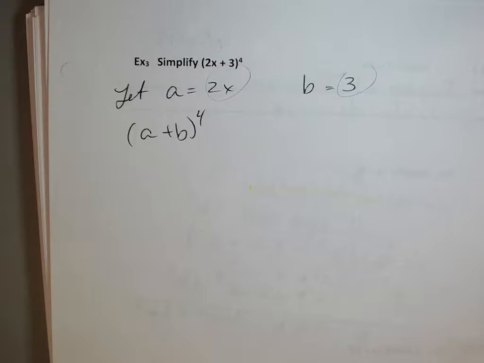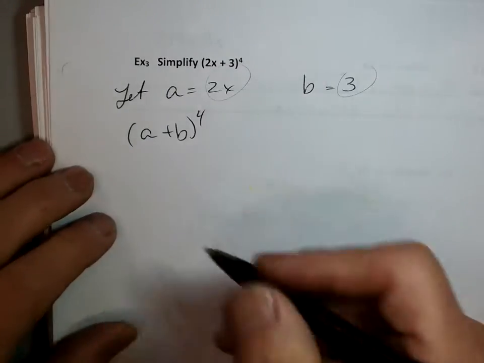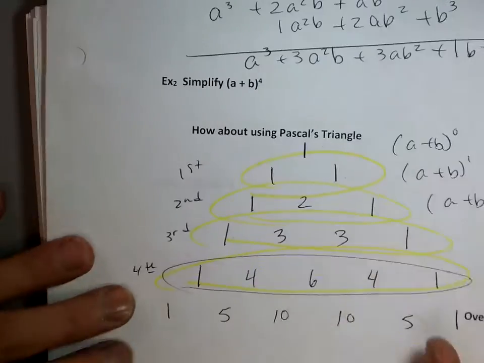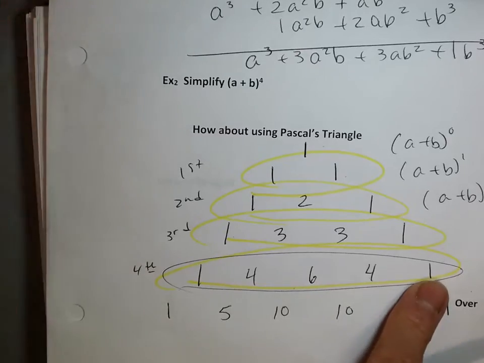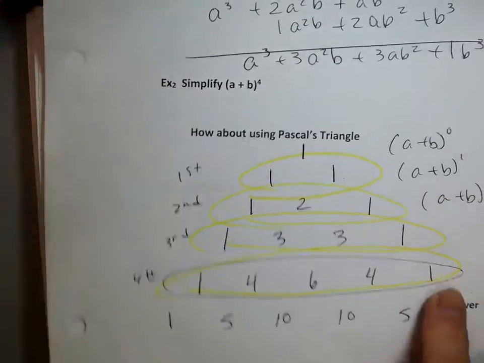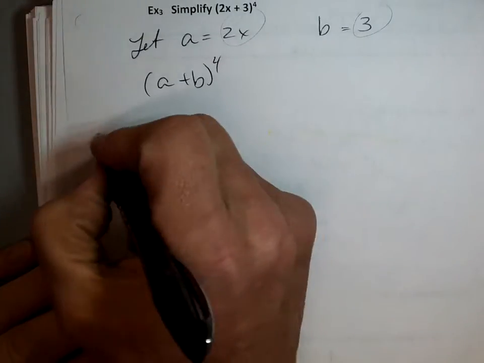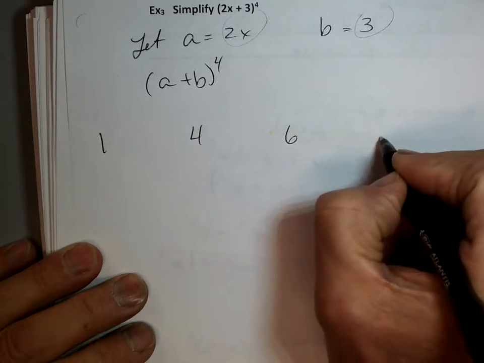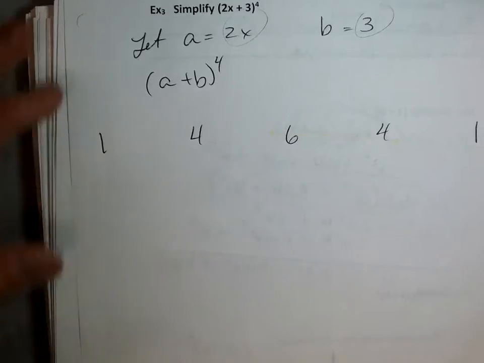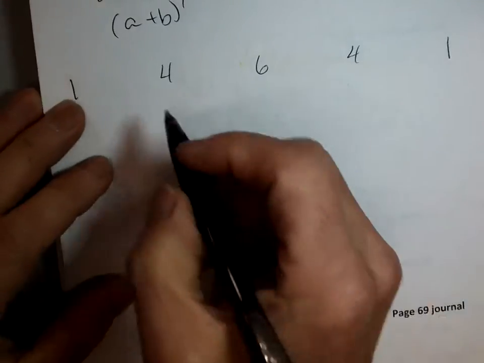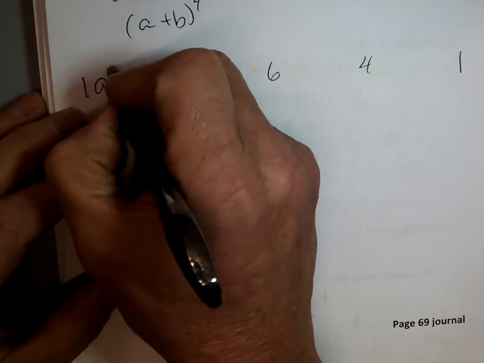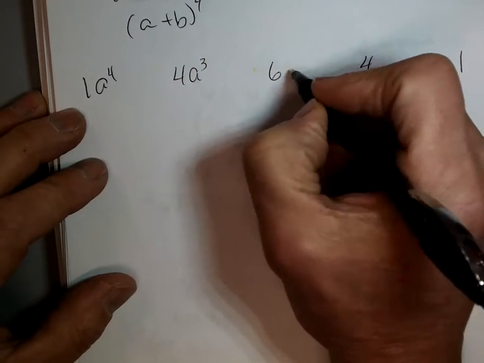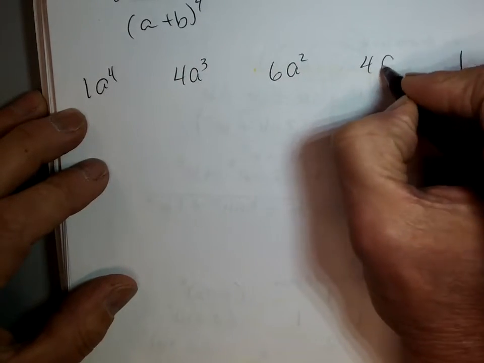4th row of Pascal's triangle. And we're doing the 4th row because it's to the 4th power, right? So we first start with 1, 4, 6, 4, 1, okay? And then we put our a to the 4th, a to the 3rd, a squared, a, and then no a's.